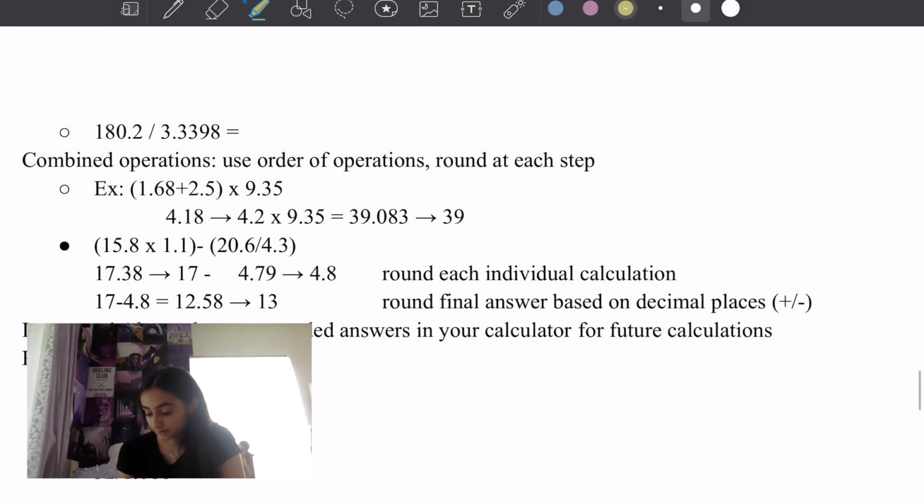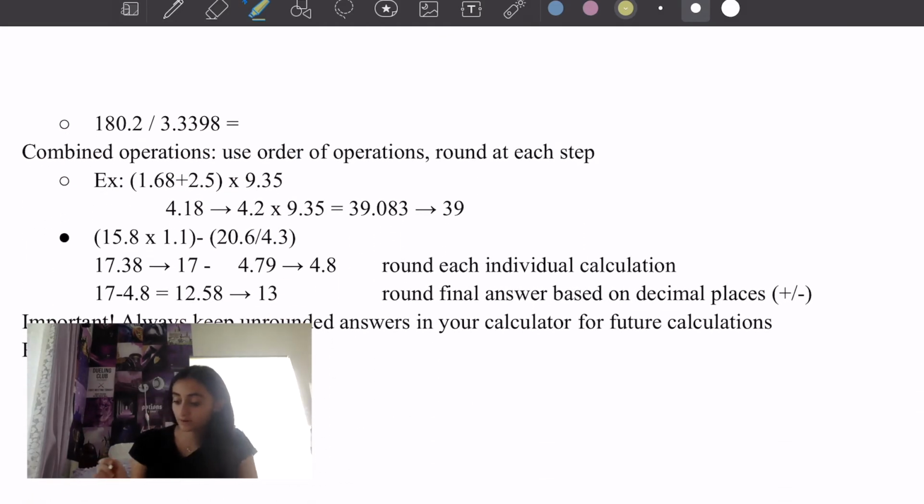Finally, here's an example. We have 180.2 divided by 3.3398. So 180.2 has 4 sig figs. 3.3398 has 5. Which one has less? 180.2. That is the number we are going to use to round our final answer.